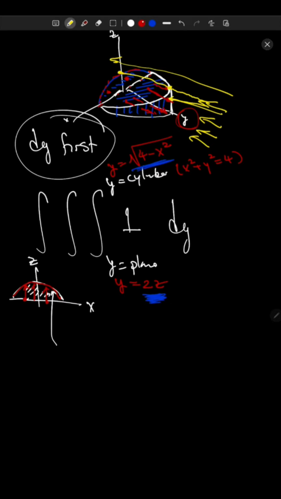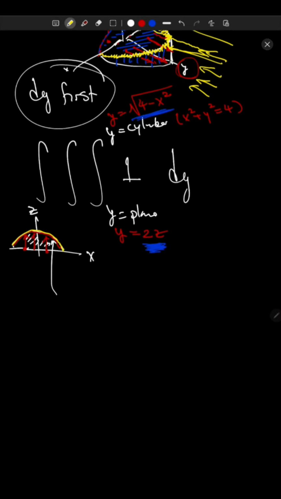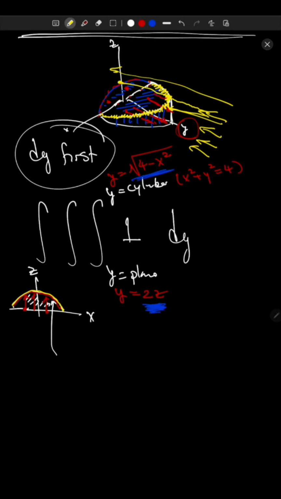So essentially the curve that we're trying to figure out is defined by the intersection of the cylinder with the plane. What is the plane?